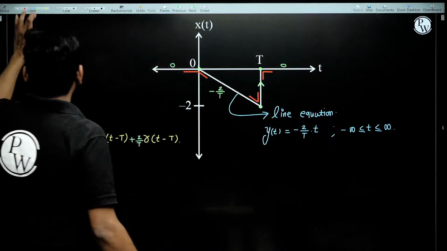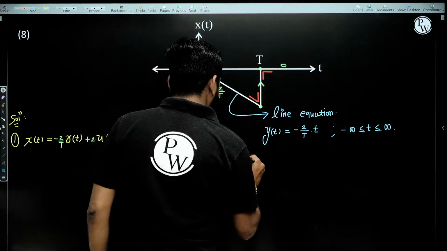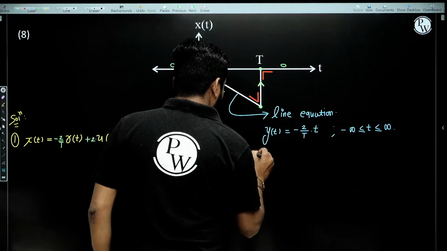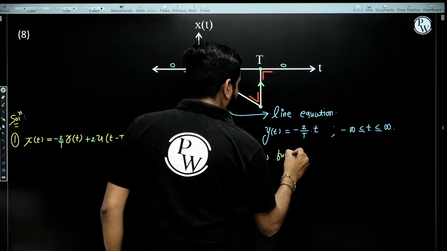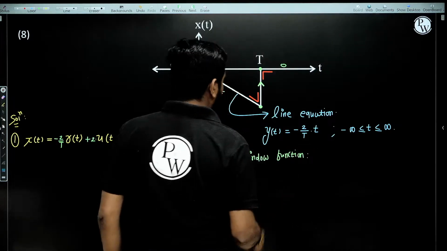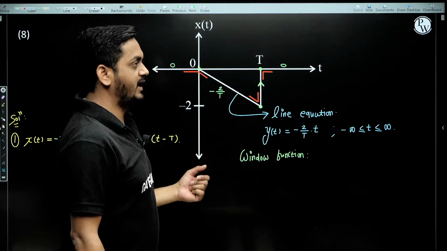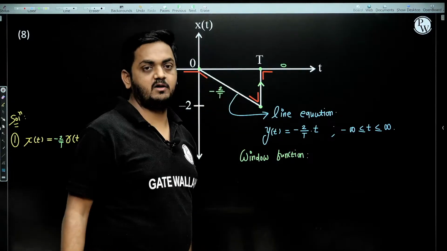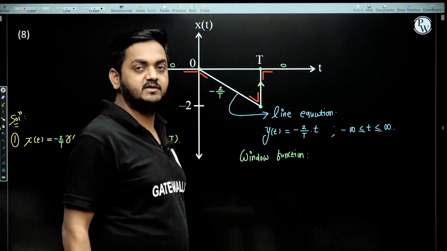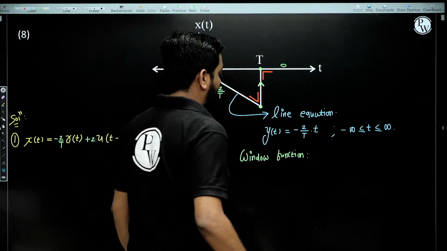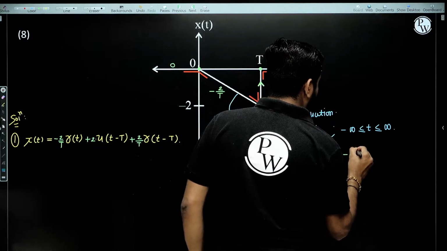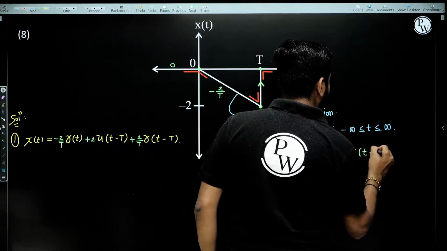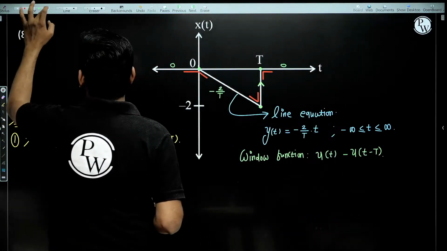Now you have to select the window function, guys. You want the ramp function between 0 and capital T only, so you select a window starting from 0: u of t minus u of t minus capital T. Correct? This is the window function.